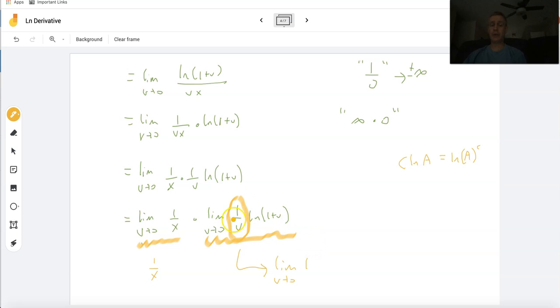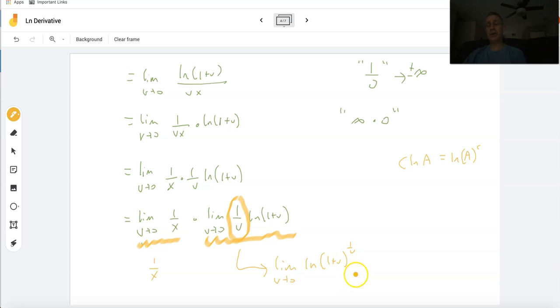So that's what I'm going to do here. This 1 over v, which is being multiplied to the natural log, I'm going to move up to be the exponent of the argument of this natural log. The argument is 1 plus v, and now I have that raised to this 1 over v, which was originally in front of this logarithm.